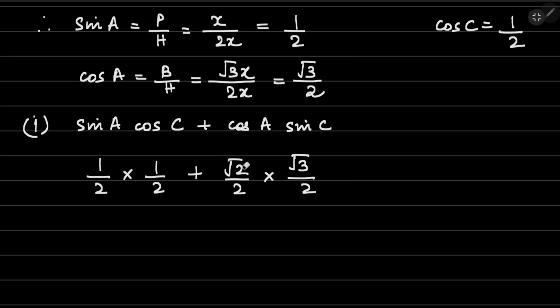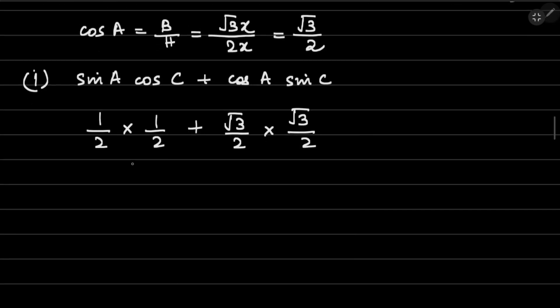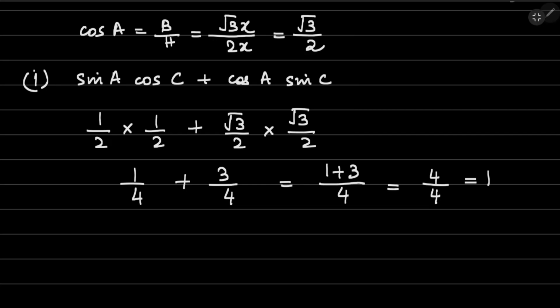Cos A is root 3 by 2, sin C is also root 3 by 2. Just solve it. It is 1 by 4 plus 3 by 4. So the LCM is 4. Here you have 1 plus 3, which is nothing but 4 by 4, which is equal to 1. Okay, this value is 1.